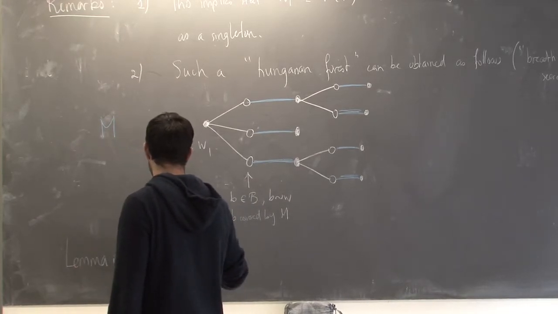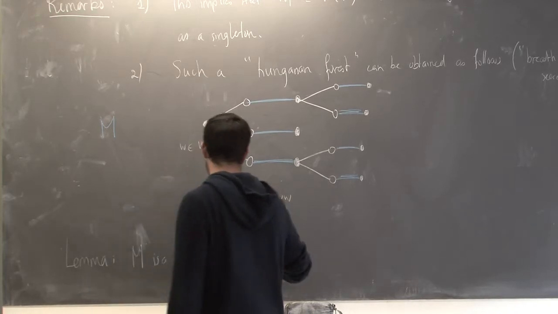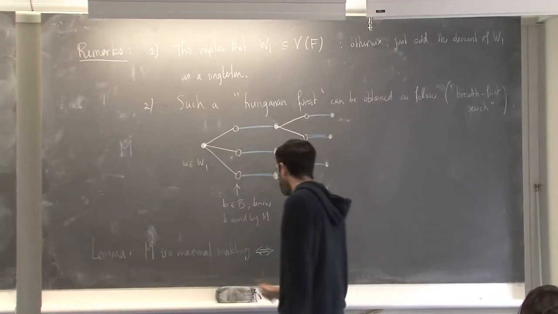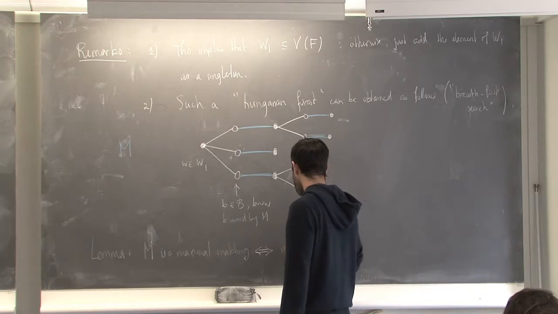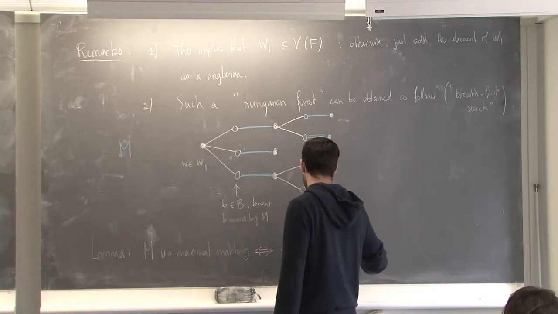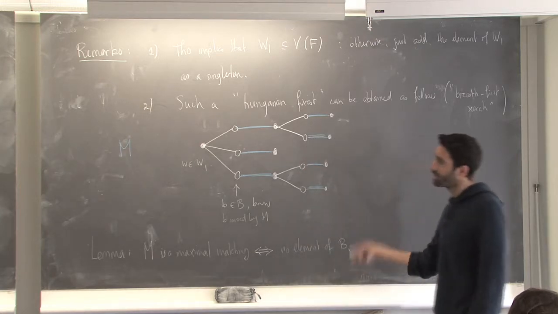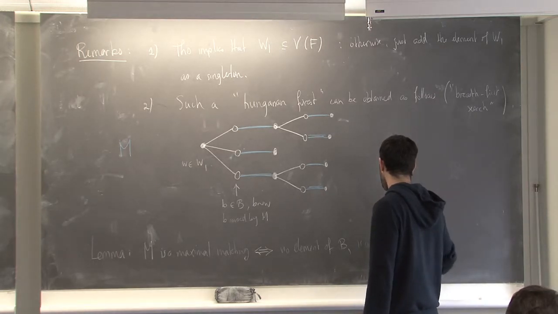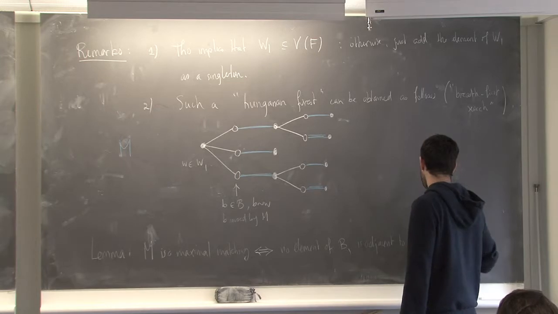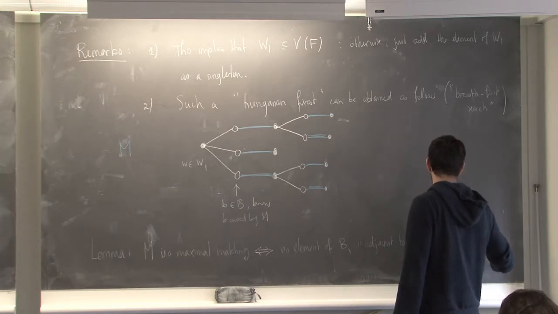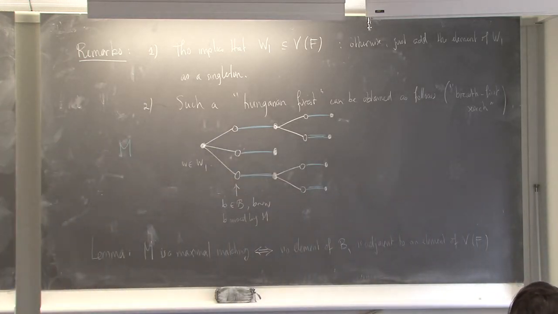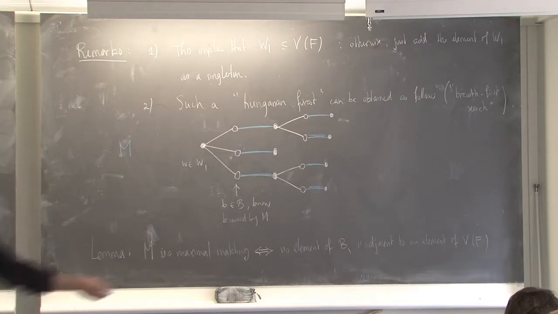So M is a maximal matching if and only if no element of B1, remember, the black vertices not covered by M, no element of B1 is adjacent to an element of B of F. Okay.